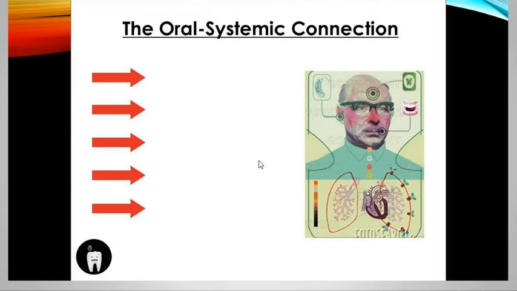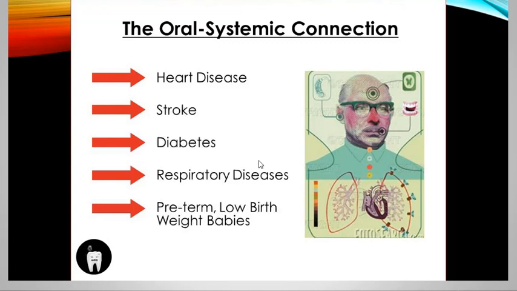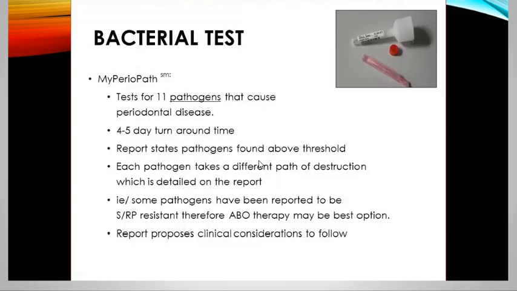So we know a lot about the oral systemic connection: periodontal disease contributes to heart disease, stroke, diabetes, respiratory disease, and preterm low birth weight babies. As we move forward, we are educating our patients to get healthier. One of the systems I use in my practice is bacterial testing, made by MyPerioPath.